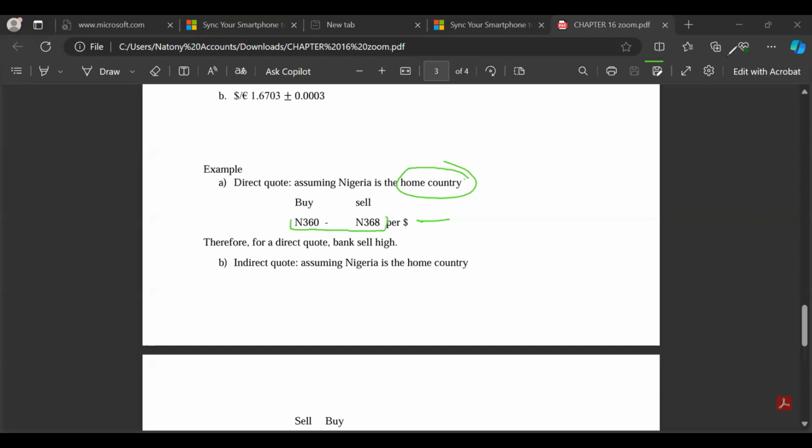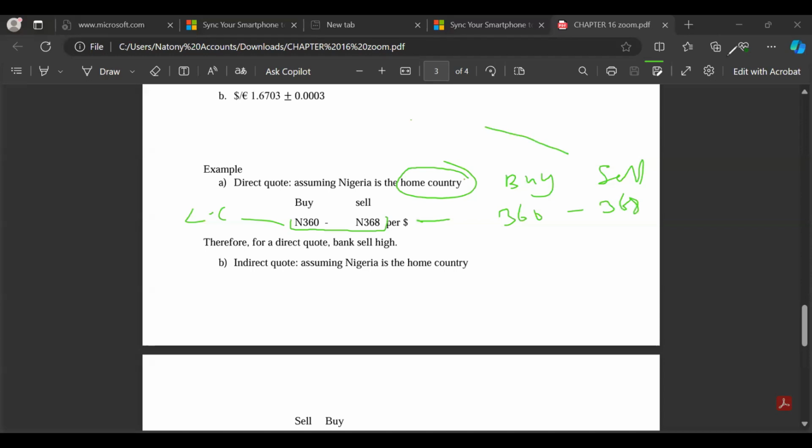Anytime the pricing currency is in the local currency, it is a direct quote. And for a direct quote, you have buy and sell. The first rate, which is 360, will be the buying rate, and the second rate, 368, will be the selling rate.